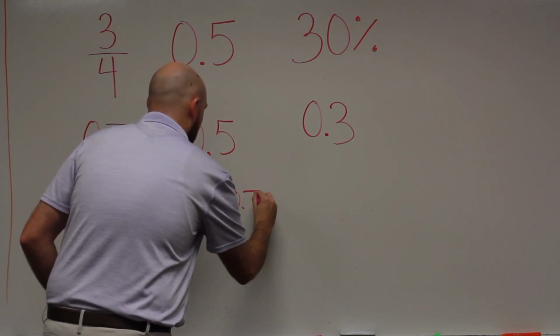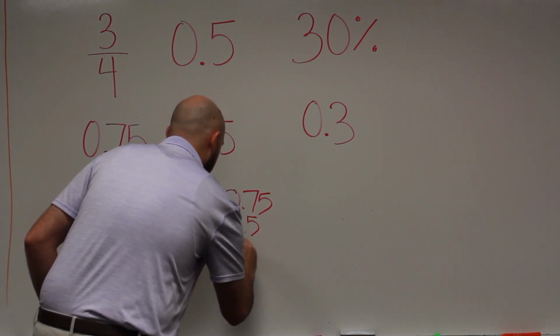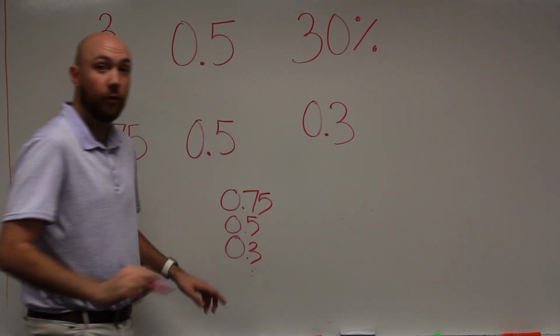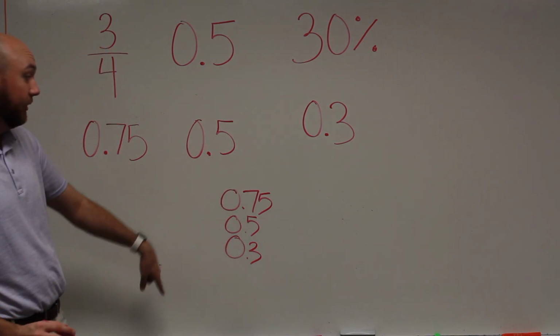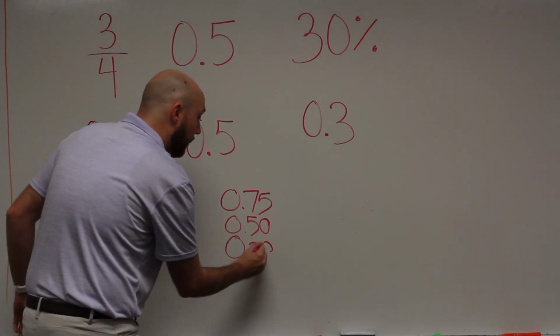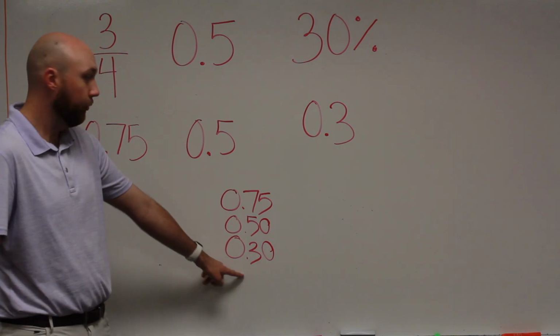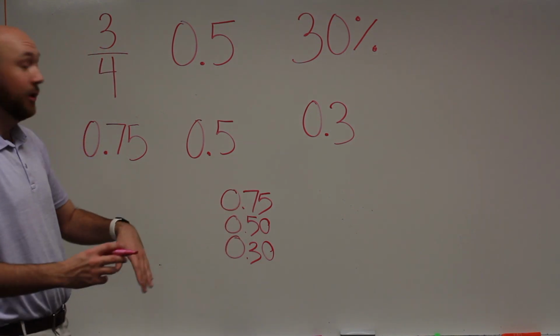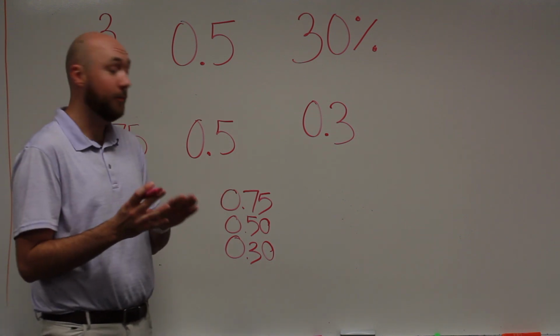I know my board is kind of a mess right now, but just bear with me. So I have these all labeled. I'm going to rewrite them vertically. In any gaps I see, I'm going to fill it in with a 0 so we don't get confused and think, oh, this is 0, this is a 3, 3 is less than 75. In this case, it is the smallest number, but in some cases that will not be the case.